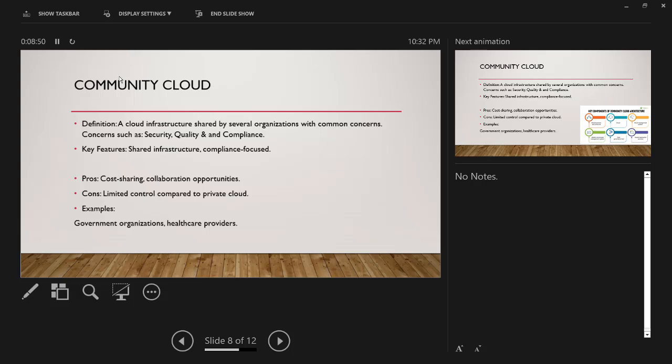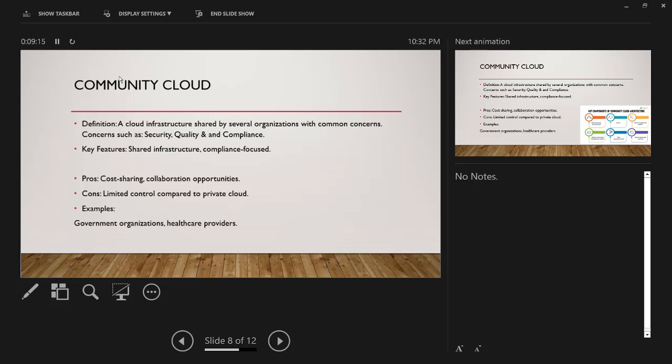All right, so now this brings us to the next cloud model, which is community cloud. This is a cloud infrastructure that's shared by several organizations with common concerns. The concerns are the security side of things, the quality and also compliance. Some organizations may prefer to be compliance focused and don't want their data to be outside in the public.